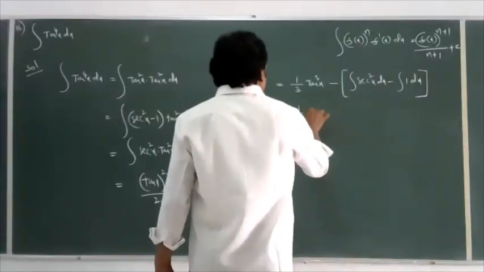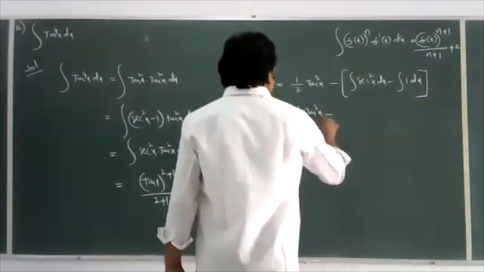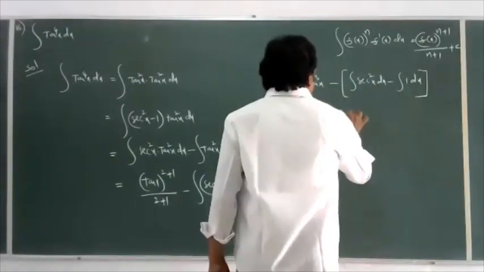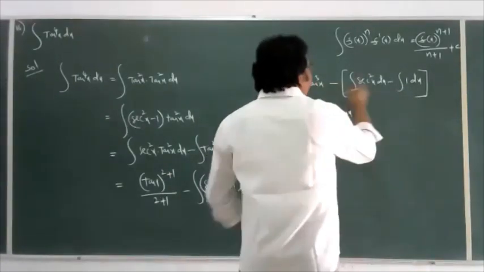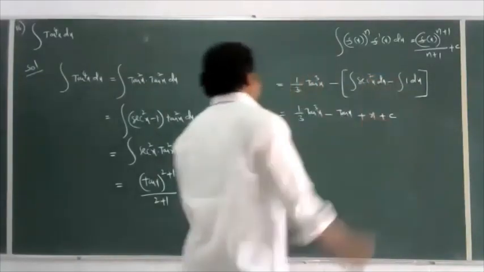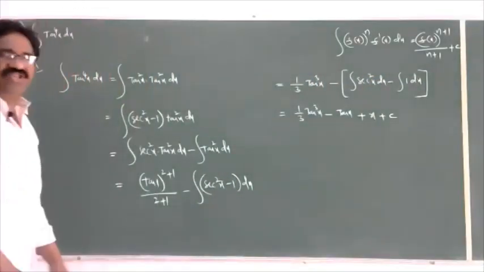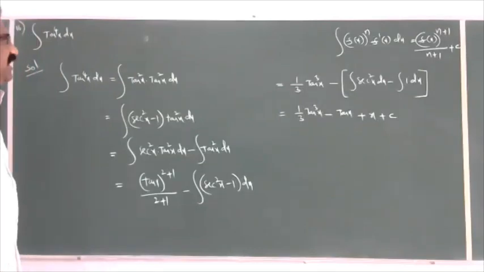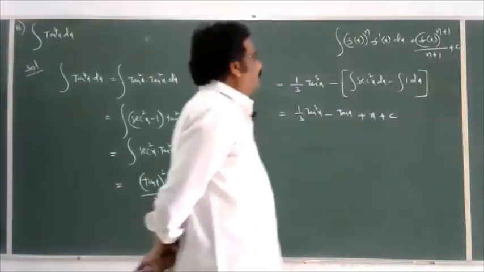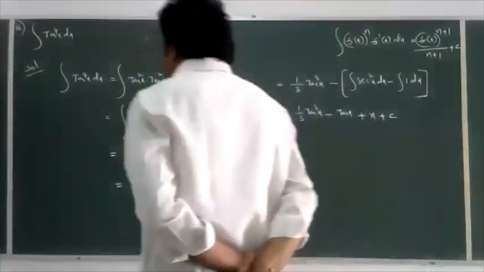That is 1 by 3 into tan cube x minus, the integration of secant square x is tan x, minus of minus, plus 1 integration is x, plus c. So 1 by 3 into tan cube x minus tan x plus x plus c. That's the final answer.